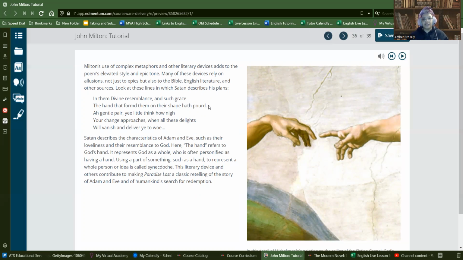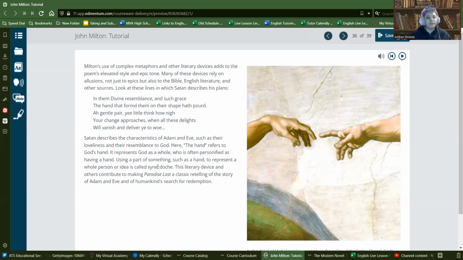And this is actually a special type of literary device. Because the hand is God's hand, most people who are Christian or who have heard anything from the Bible know God's hand, God's will, that sort of thing. So in this case, the hand is specifically referring to God's hand. And since you're using just his hand to refer to him, like God as a whole, that's a special type of device called a synecdoche.